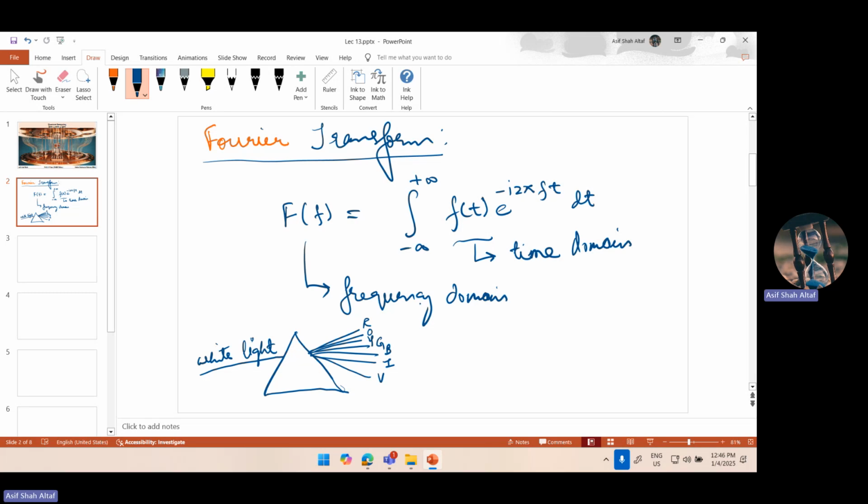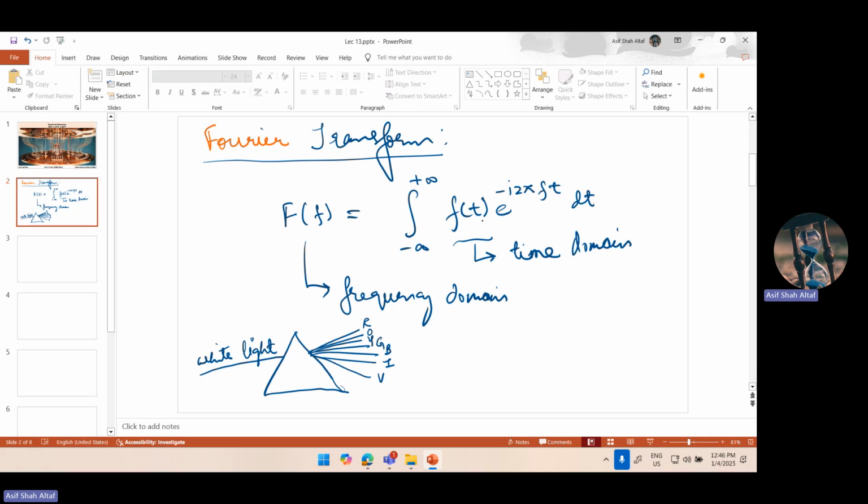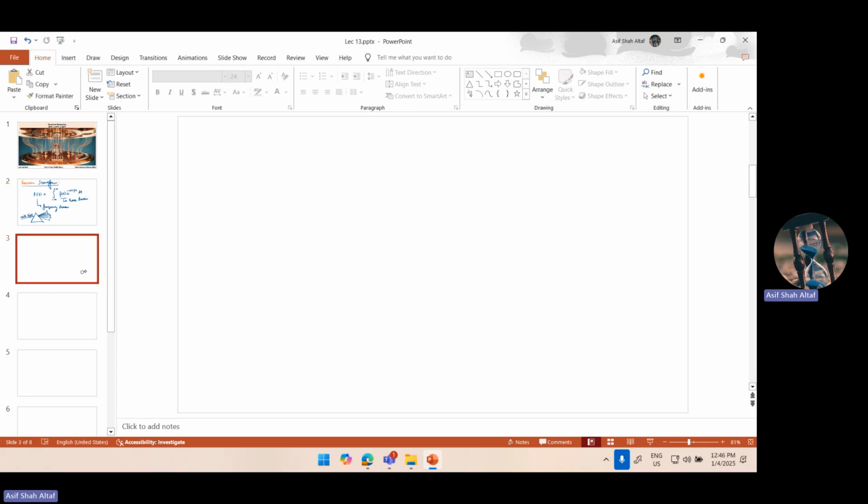Now we know in today's world we mostly deal with digital signals, so we less often deal with continuous signals. So what we do is we basically discretize this signal f of t. If you have a signal coming from, say, an image signal or any communication system, this signal will then be in discrete form. So the discrete form of the Fourier transform is the discrete Fourier transform.